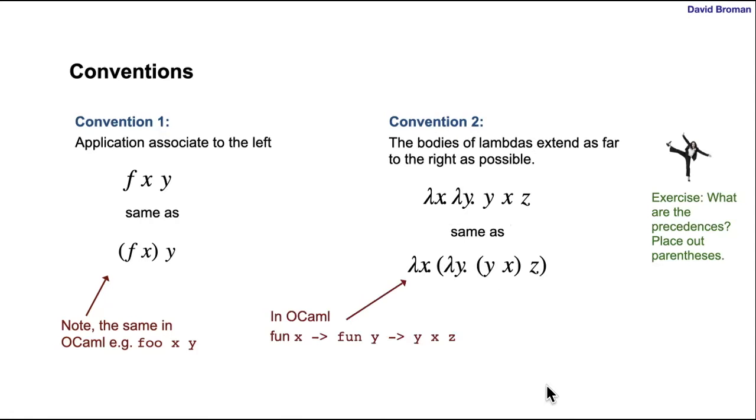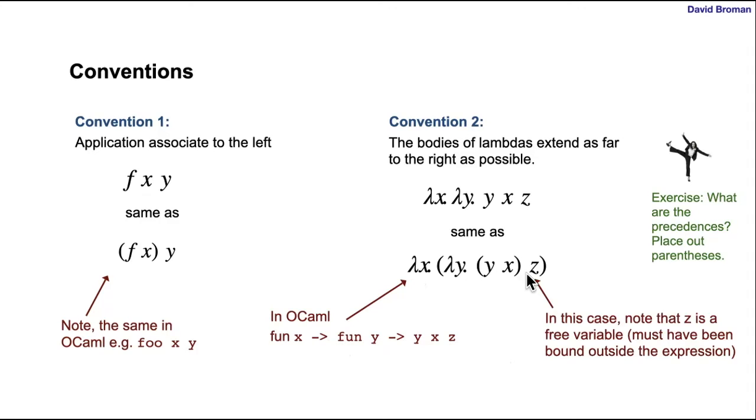If you would write this in OCaml, we'll do that in a moment, you would just write: fun x, fun y, y x z. Note that in OCaml you write this arrow syntax, but this is the standard formalization way of writing using the lambda character. Z here is a free variable, because you can see that it's not bound by any lambda.